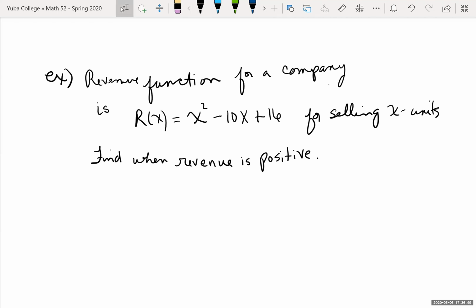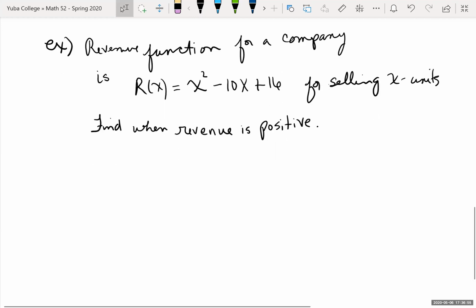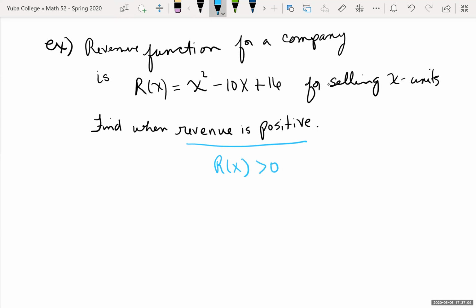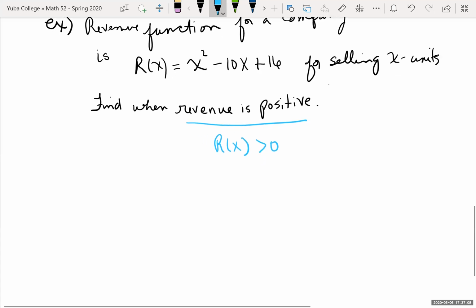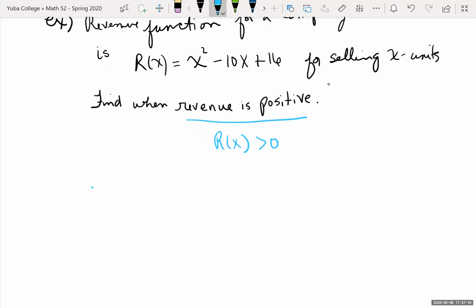Okay, so basically it's telling me I want to find when R of X is greater than 0. And so I need to look at this and set it up. And so we have x squared minus 10x plus 16 is greater than 0.